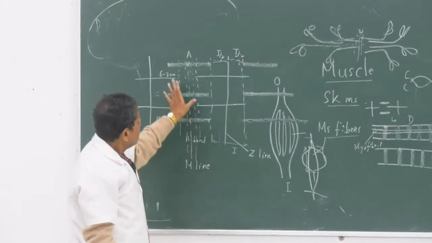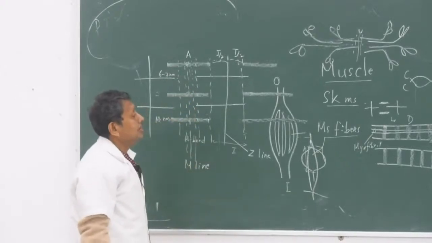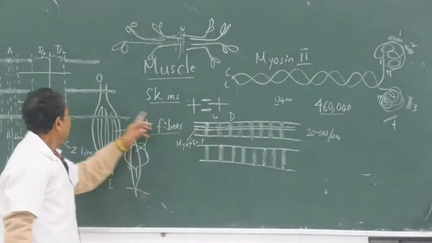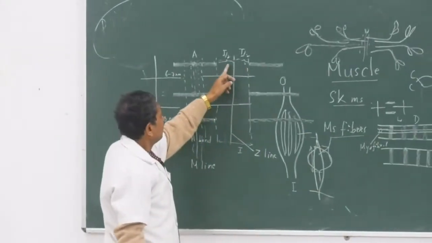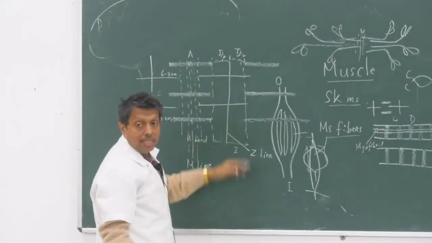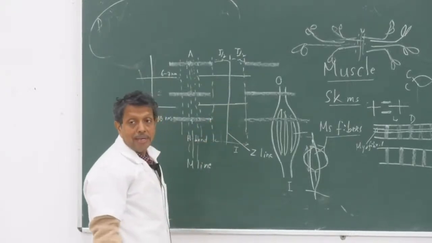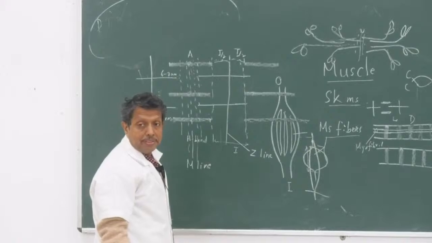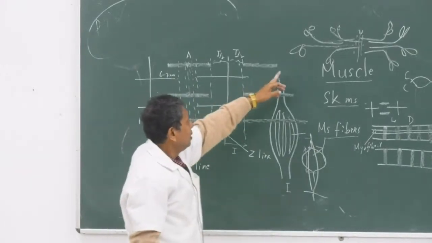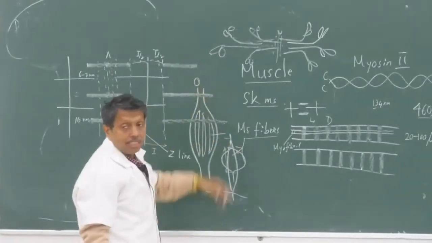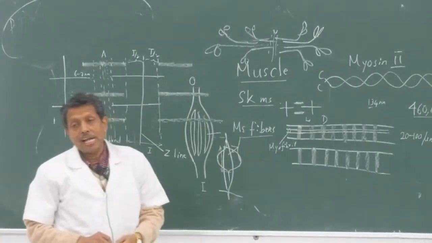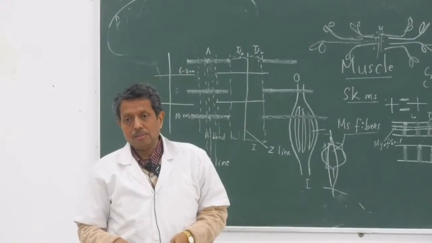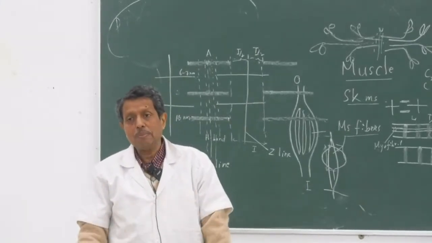The thick filament indicates this dark band. And in between them, in the relaxed state, are the I bands formed by actin filament. And the head part contains the system by means of which the sliding movement occurs between the thin filament and the thick filament.